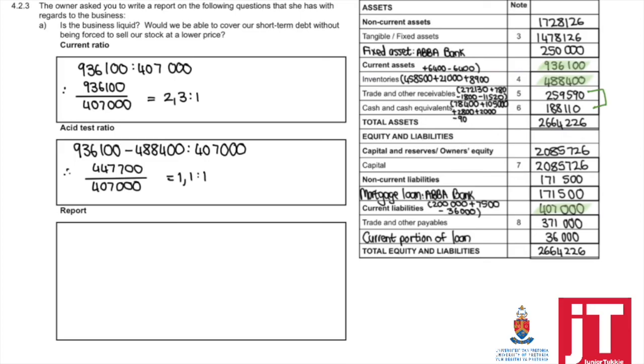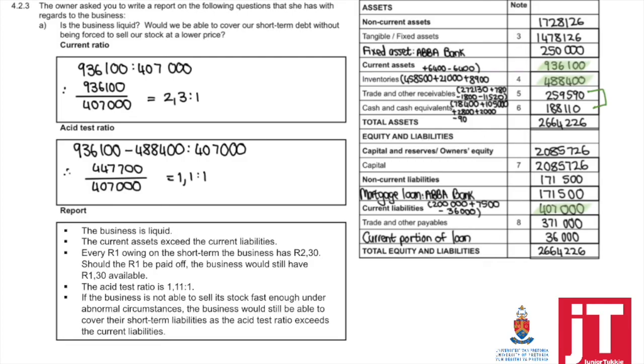Yes, it does. And if we take inventories out of the equation, because with inventories we might have too much money tied up there, we're not able to sell it fast enough, to quickly turn it into cash. Would we still be able to meet our short-term obligations? And the answer is yes, because that is more than one. It exceeds the current liabilities.